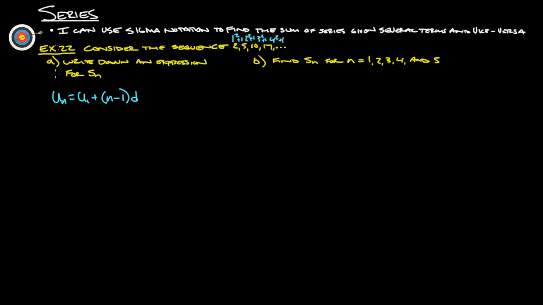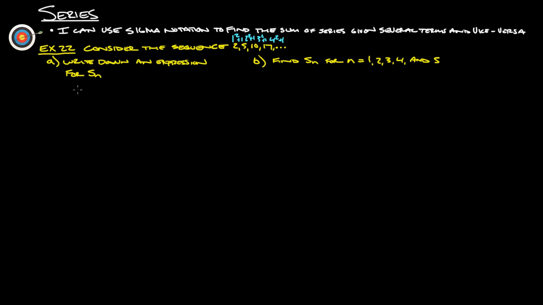Actually we don't need this either, because we figured out that it's the term squared. The first term is 1 squared, and then you add 1. Second term, 2 squared, and add 1. So we figured out how this sequence works.